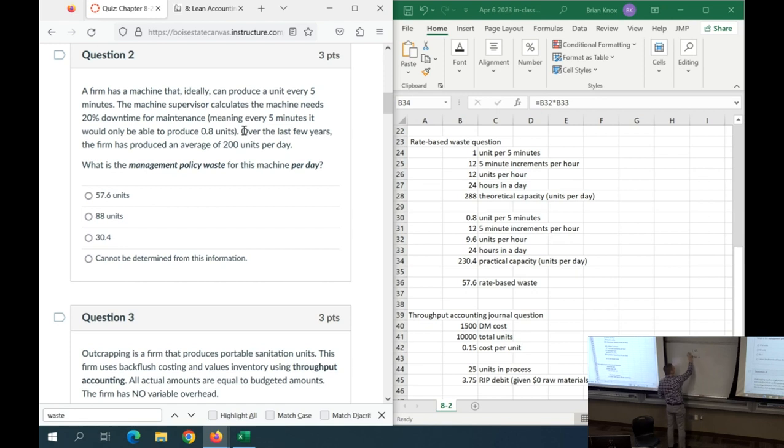And then this will be rate-based waste. We're asked for management policy waste, which is the difference between the 230.4 practical capacity and the normal capacity. So over the last few years, the firm has produced an average of 200 units per day. Okay, so that would be the normal capacity.